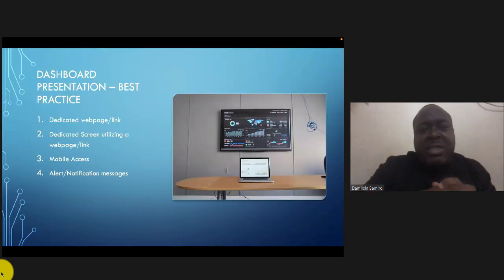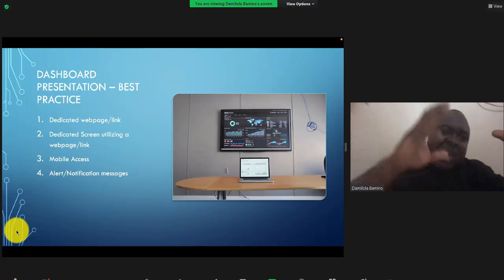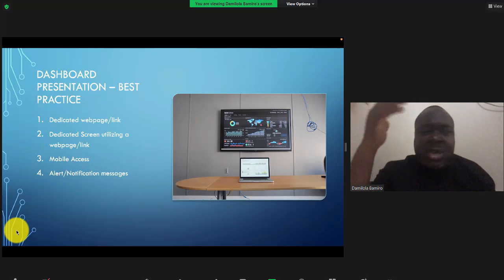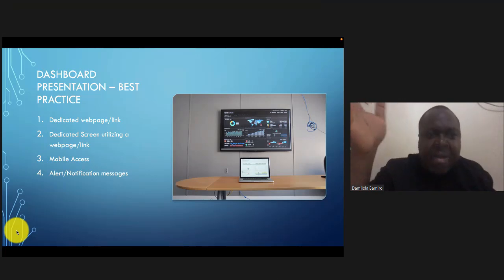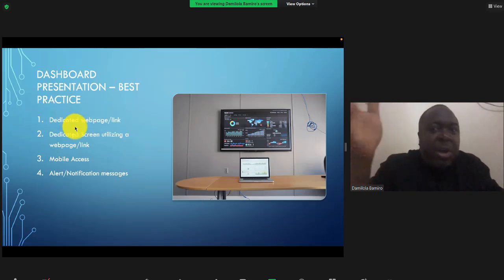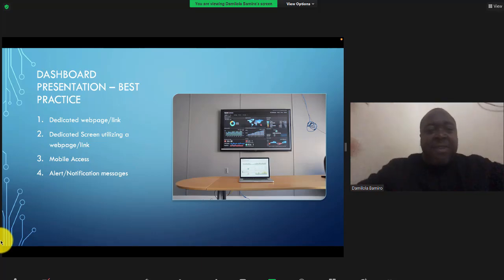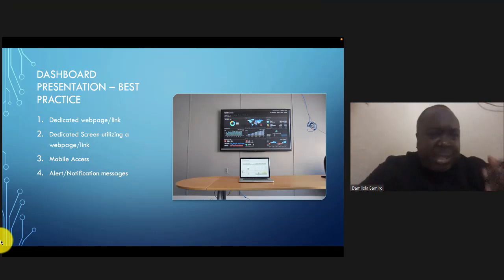What are the best practices for operating a dashboard? Number one is whatever dashboard you implement on whatever server, be it online, be it on a local server, just have a dedicated web page or a link for it, because you may not be the only person accessing it. You may insist that every other faculty have it, the management has it, the chief executive has it, the VC, and all of that.